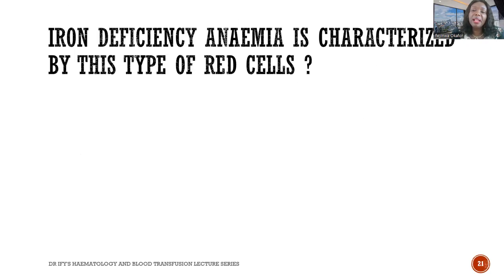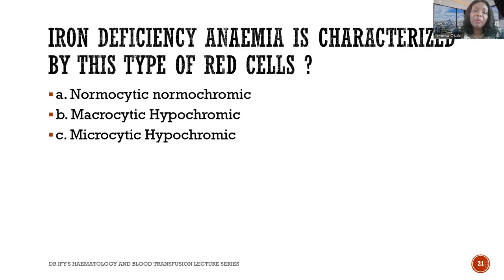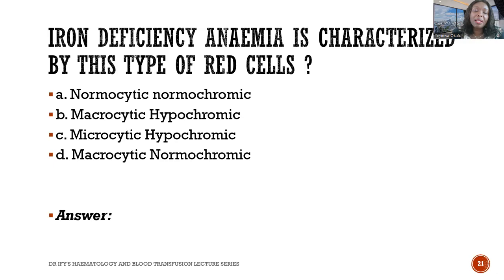Iron deficiency anemia is characterized by this type of red blood cells: A, normocytic normochromic red cells, macrocytic hypochromic red cells, microcytic hypochromic red cells, macrocytic normochromic red cells. Answer C, microcytic hypochromic red cells.